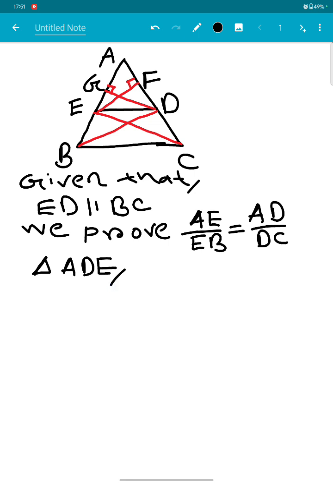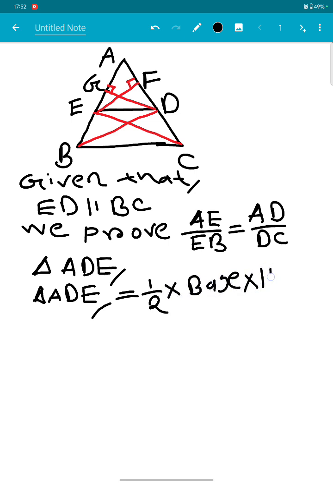So area of ADE means half into base into height. This is the half into base into height.